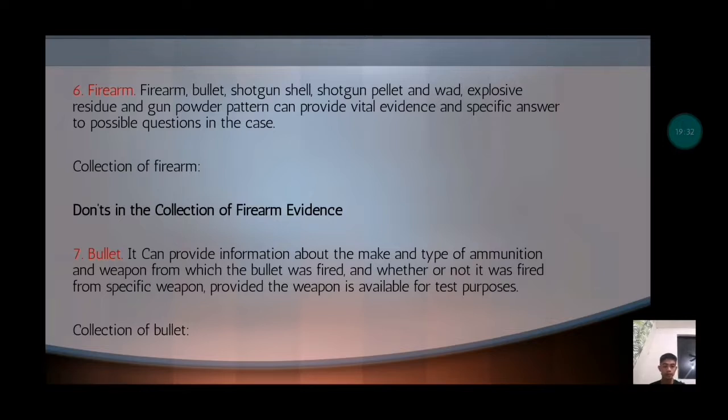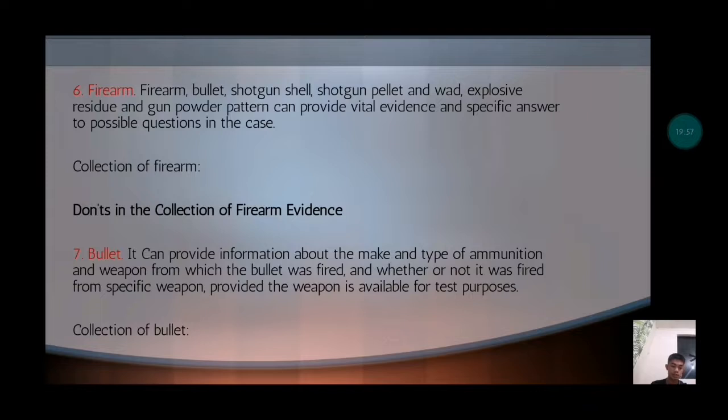In collecting a bullet, handle the bullet so as not to dislodge any extraneous materials or damage the markings. If a bullet is lodged in wood or similar material, cut out the section and bring it to the laboratory.